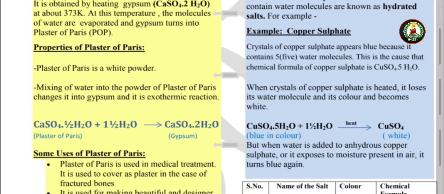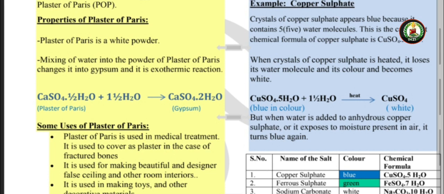Okay? And students, when we again add water to the white, means dry, copper sulfate crystals, they regain their blue color again. It means the crystals are colored on getting water, on getting moisture.